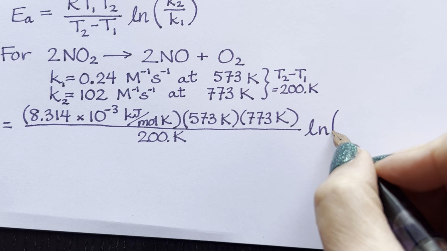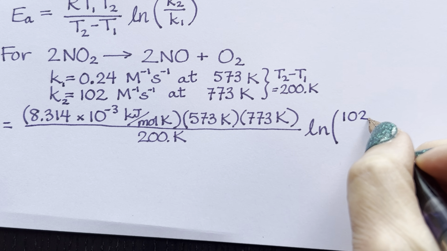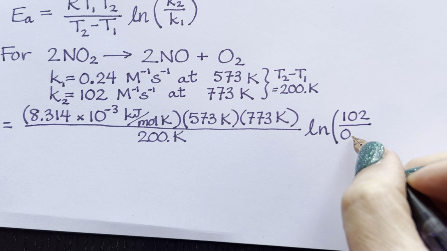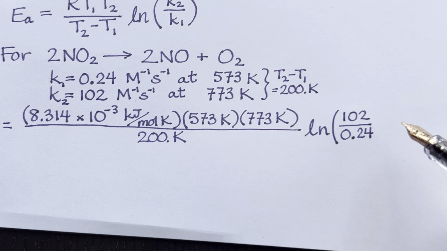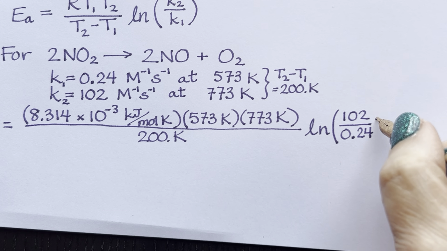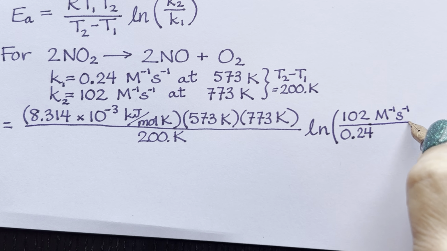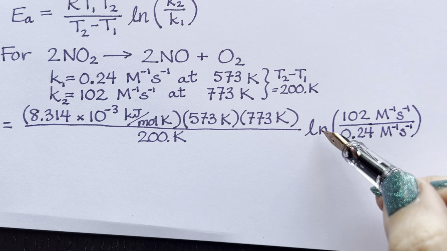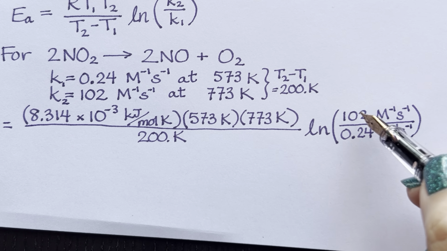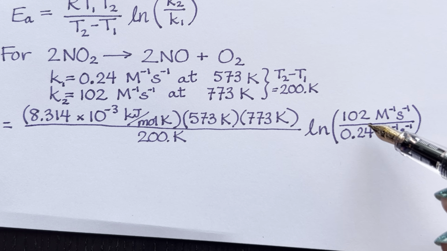So we're going to take the ratio of 102 over 0.24. These units are the same. They will cancel out. We can just include them just to show that. Okay, so units will cancel out. We'll take natural log of this unitless number.